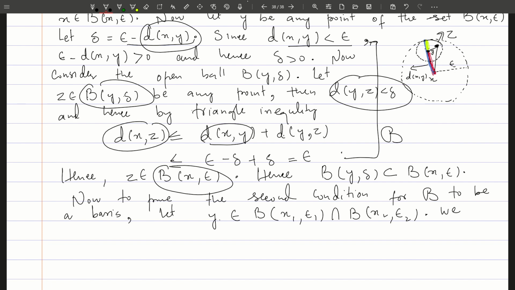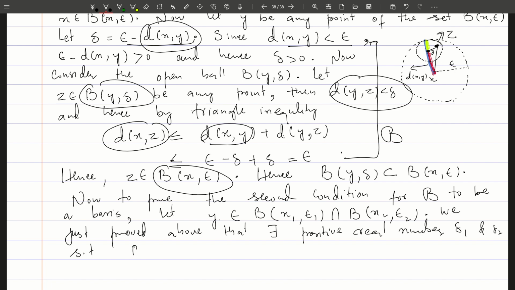So we just proved above that there exist positive real numbers delta 1 and delta 2 such that the ball centered at y with radius delta 1 is inside the ball centered at x1 with radius epsilon 1, and the ball centered at y with radius delta 2 is inside the ball centered at x2 with radius epsilon 2.